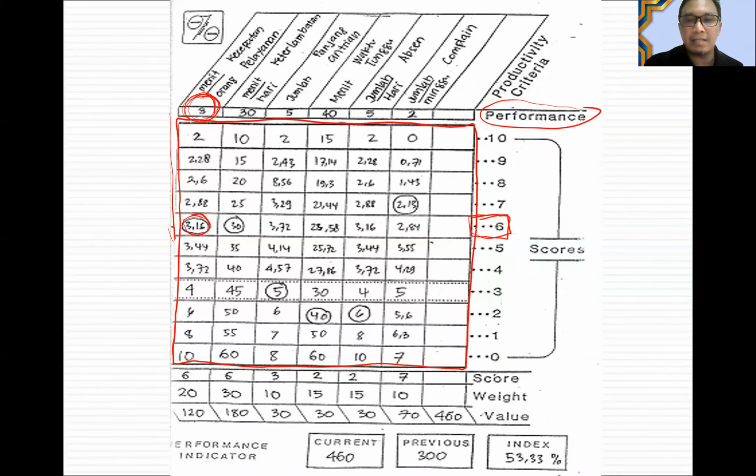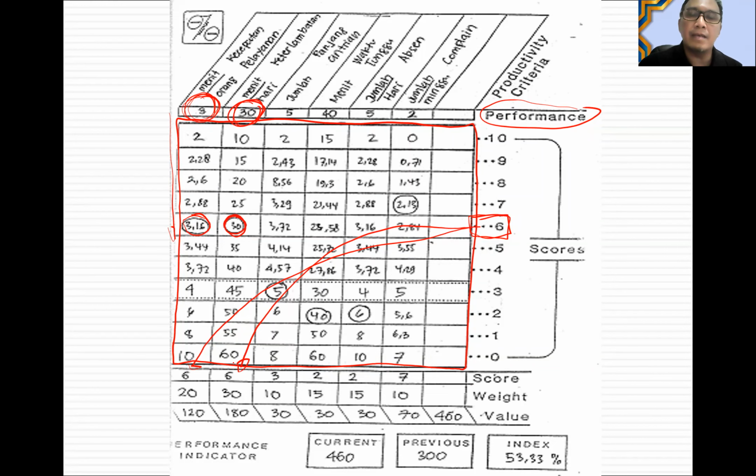If the score is 6, the score will be added into the score row. On productivity criteria number 2, the lateness, the result of the measurement is 30. So 30 is here exactly, and the score is also 6. So the 6 is added here.